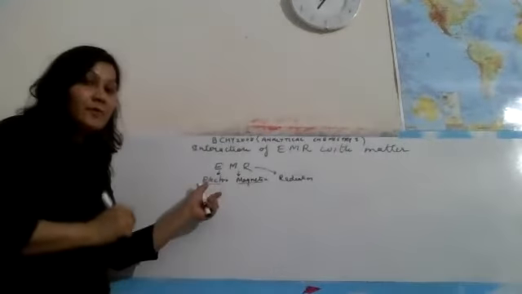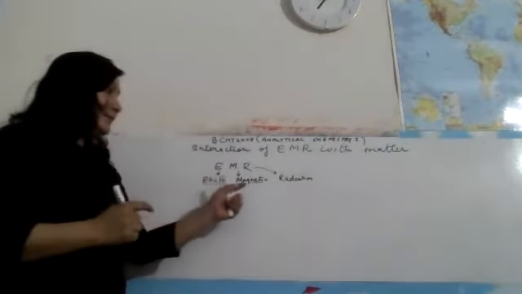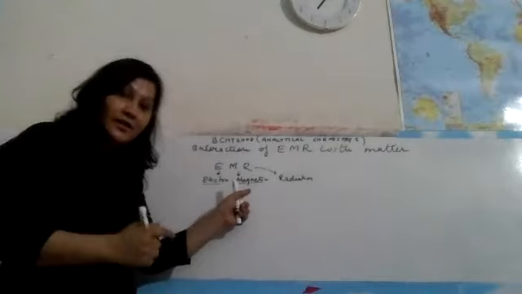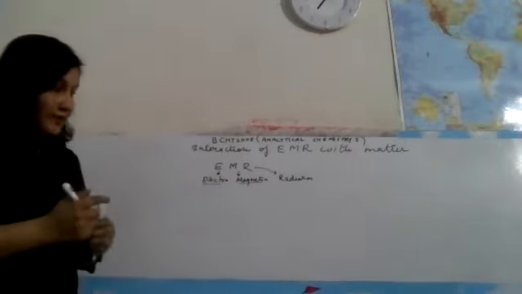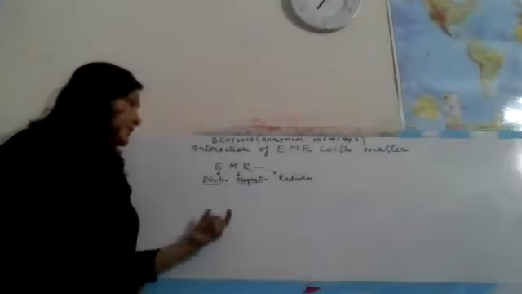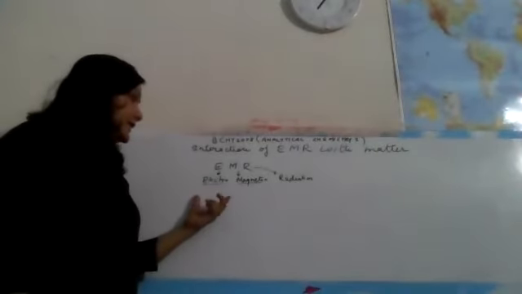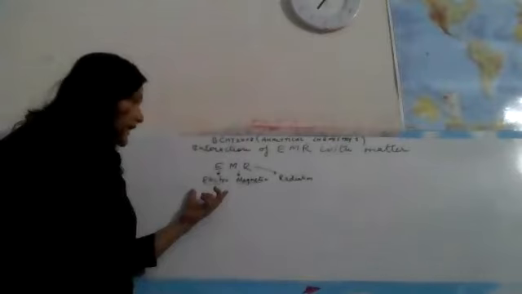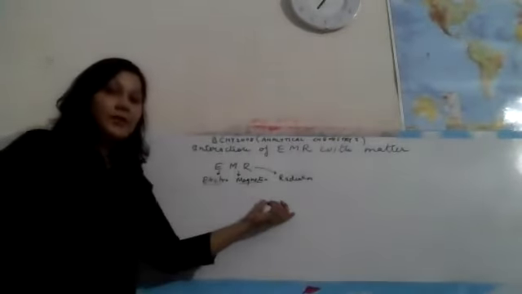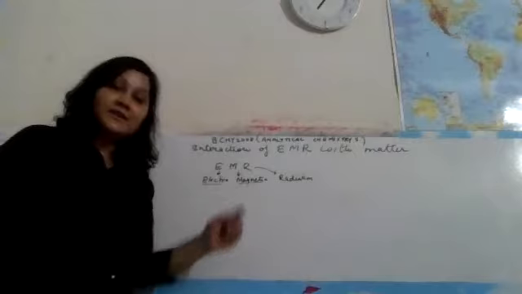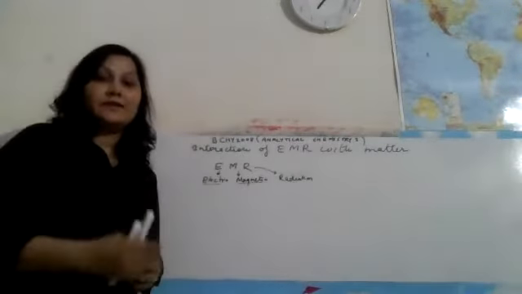Electro comes from oscillating electric field. Magnetic comes from oscillating magnetic field. Both are perpendicular to each other. So, if we are asked to define electromagnetic radiation, the answer should be: electromagnetic radiations are oscillating electric and magnetic fields which are perpendicular to each other and in the direction of propagation of energy.